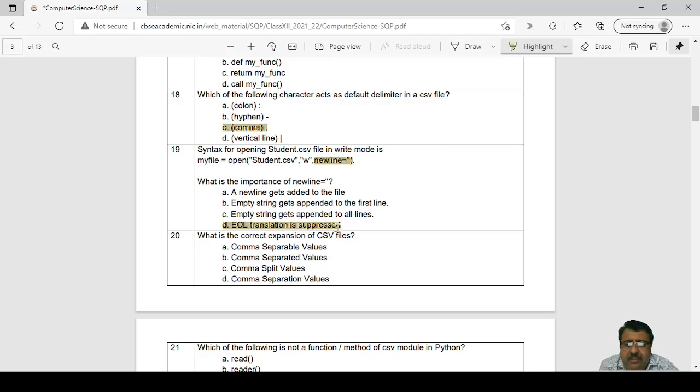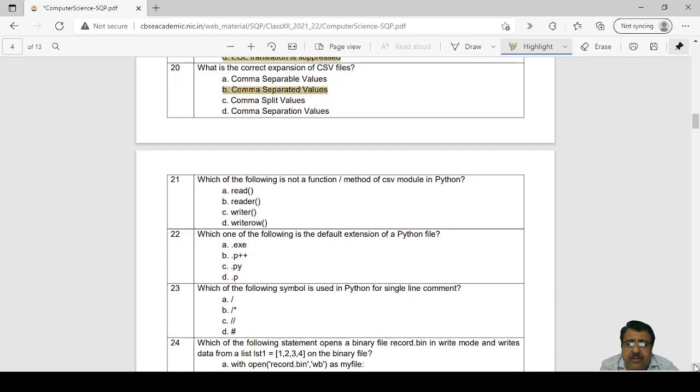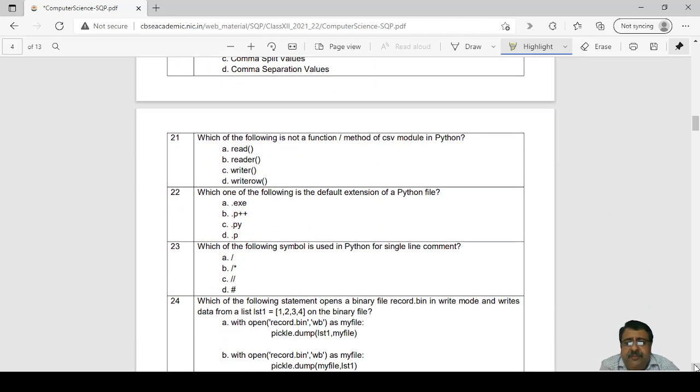Okay. Then what is the correct expansion of CSV? Just now we have said comma separated values. Okay. Which of the following is not a function or a method of the CSV module?